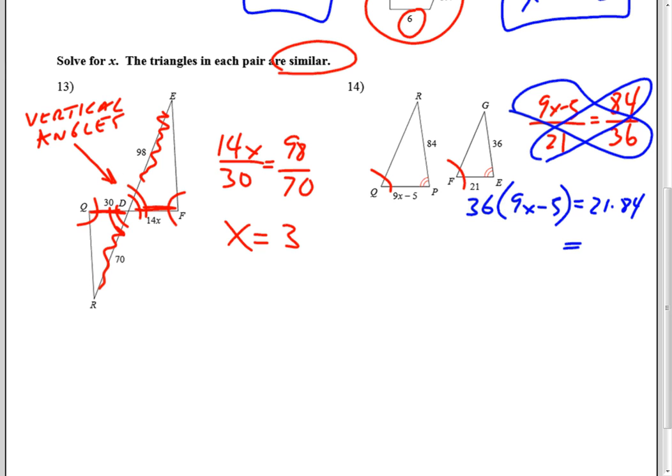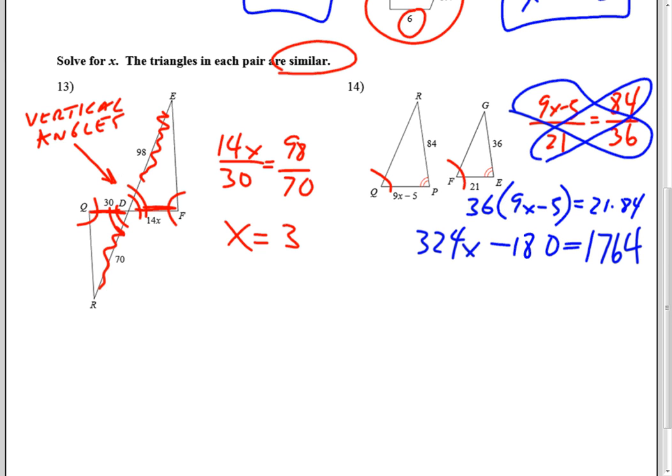People with calculators, what is 21 times 84? 1764. And how about 36 times 9? Is that 324? Yeah. But that's got an X next to it. 36 times 5.